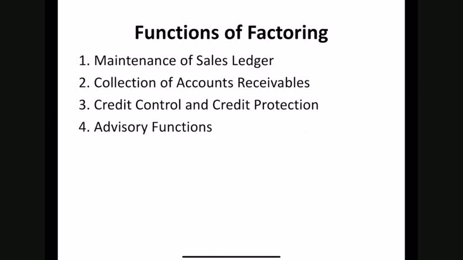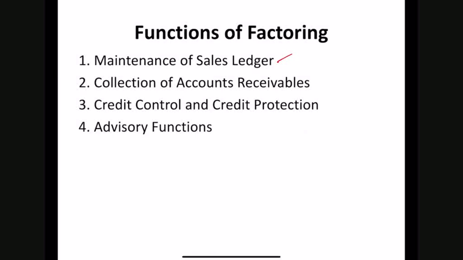The client need not maintain any individual sales ledger of his customers with him. All the information, the complete sales ledger of my customers, will be maintained by the factor himself. This is a very important function of factoring. This is the first one.